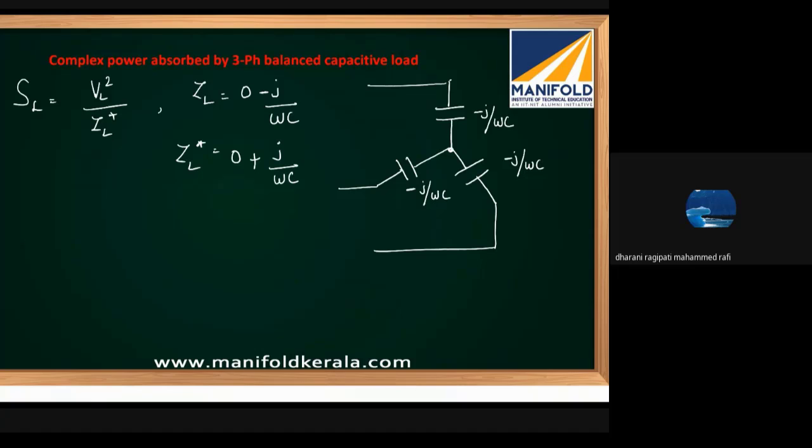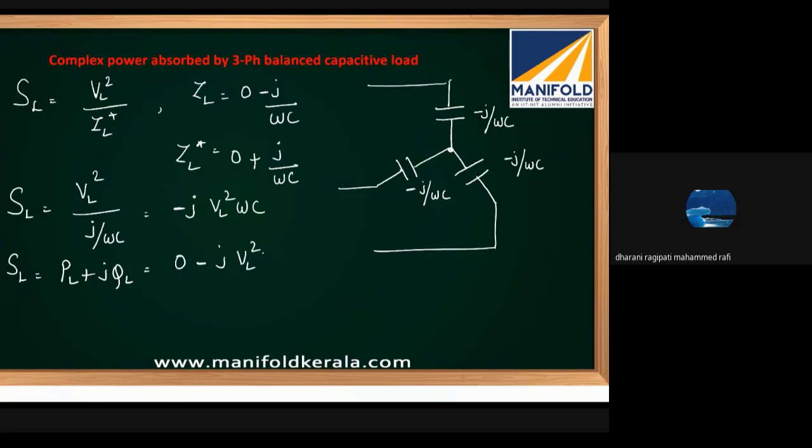If you put in this, SL is equal to VL square divided by ZL conjugate, that is j divided by omega C. It will become minus j into VL square omega C. Splitting SL into real part plus imaginary part, you get 0 minus j into VL square omega C, which implies the real power absorbed by the load is 0.